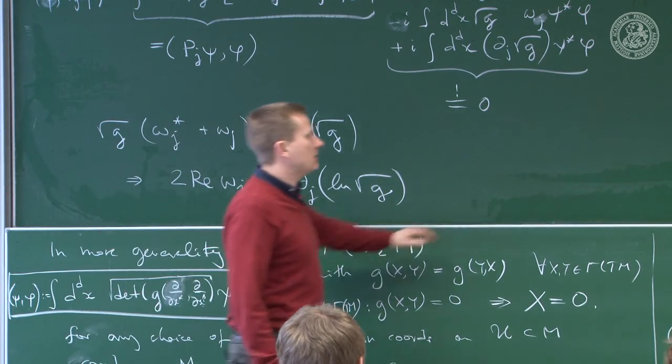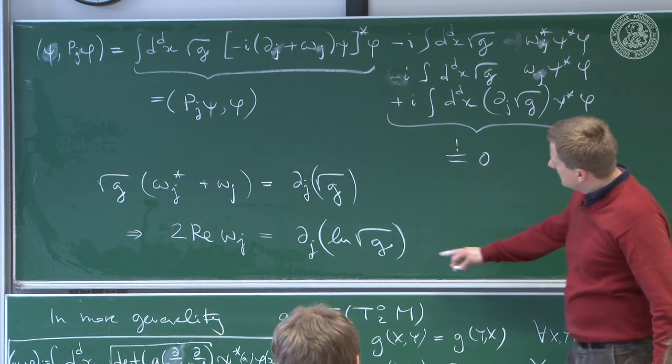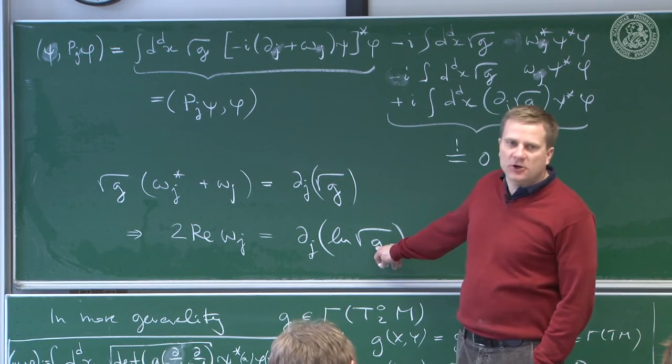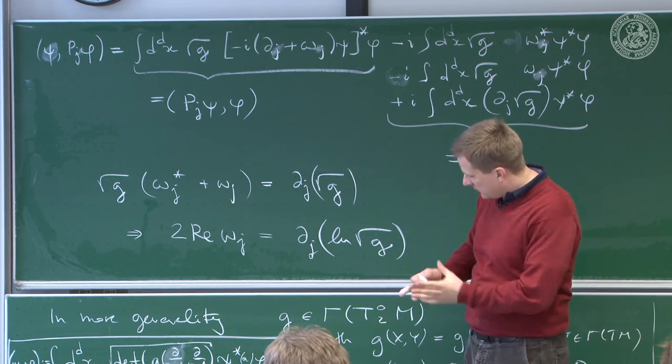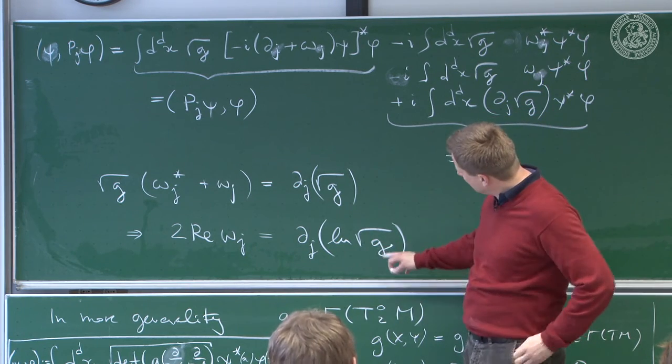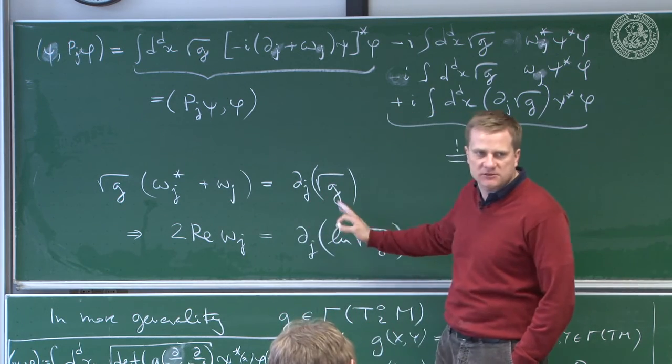So let's check, so that's the general result. So for a generally curved manifold, a general manifold with a metric, and then locally we go to local coordinates, obviously, because we're using partial derivatives and so on.